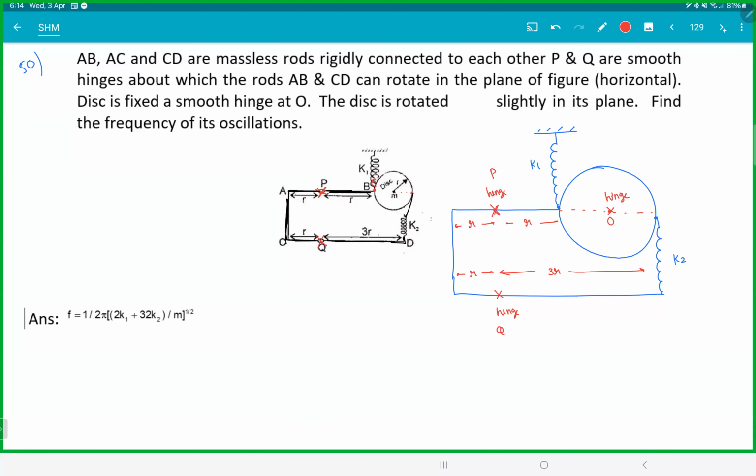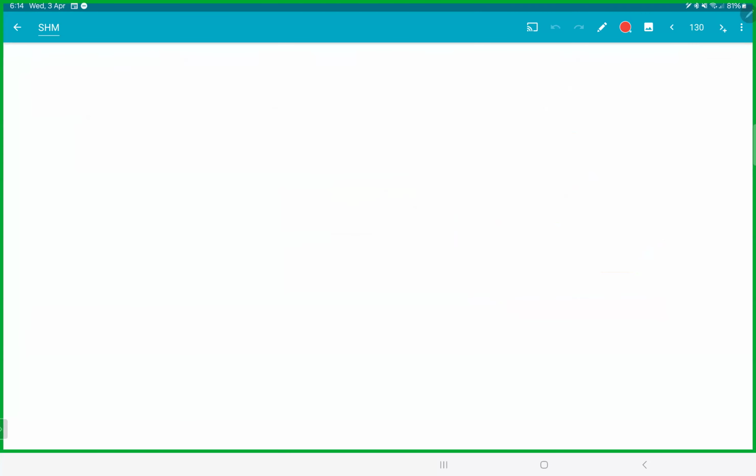Again, theta is quite small. Let me help you with the diagrams here.